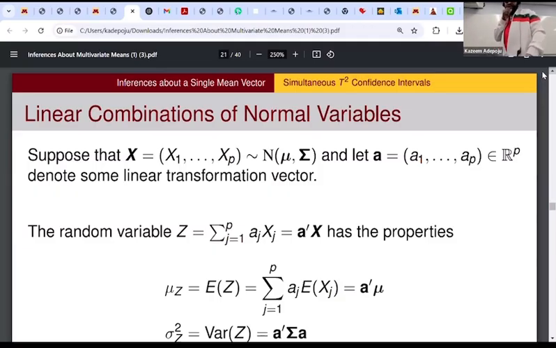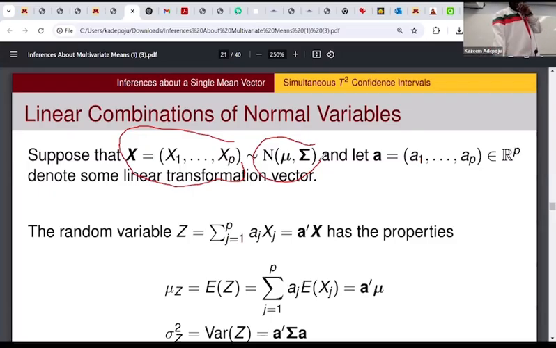So let's start. Linear combinations of normal variables. If I have a vector x, which is a set of explanatory variables, and the belief is that they follow multivariate normal distribution with a mean vector and a covariance matrix.